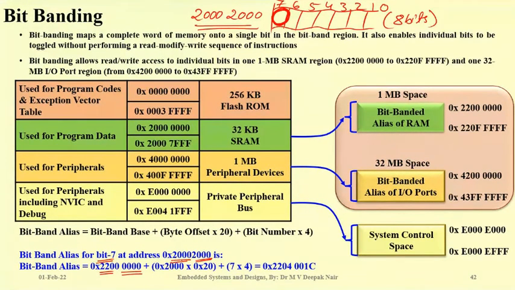So base address plus byte offset, which is 2000, multiplied by 20 hexadecimal, plus the bit number, which is bit 7, so 7 into 4. When you calculate this, you will find that it is mapped to 2204001C.